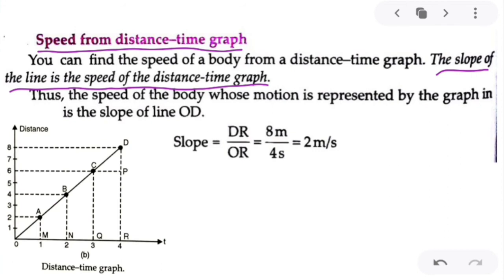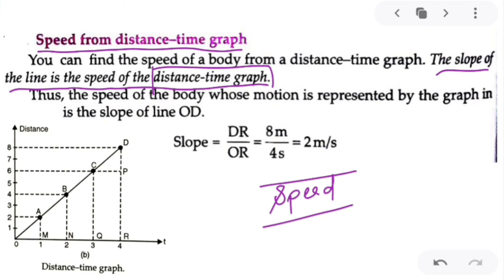The slope of the line represents speed in the distance time graph. In the velocity time graph, this slope will represent some other quantity, but here in the distance time graph, the slope represents speed.